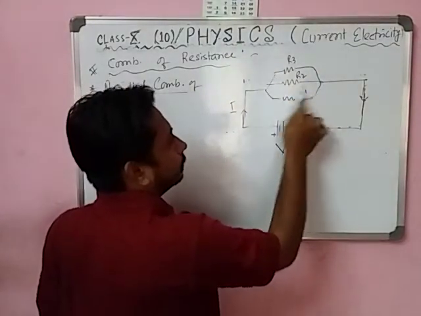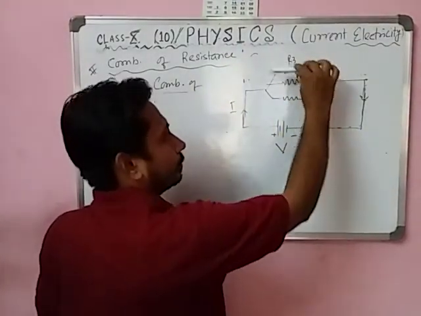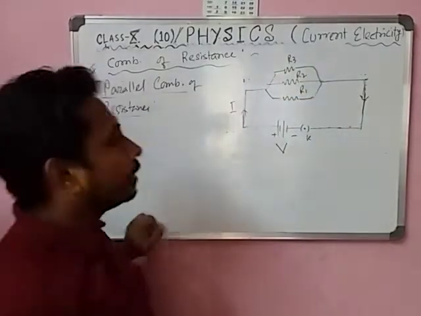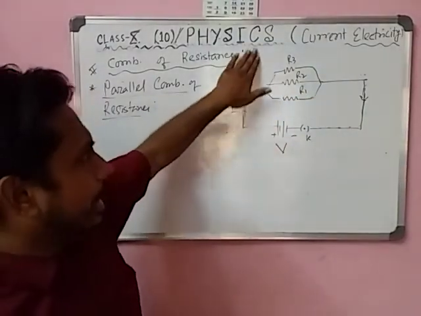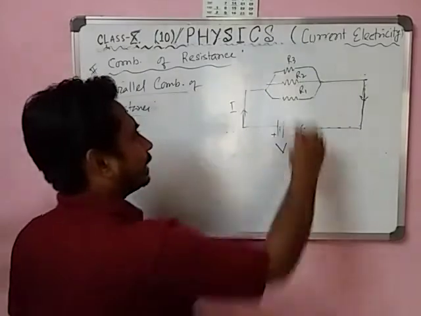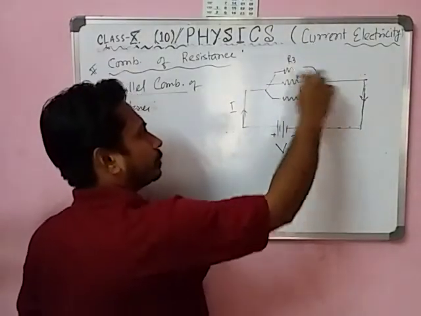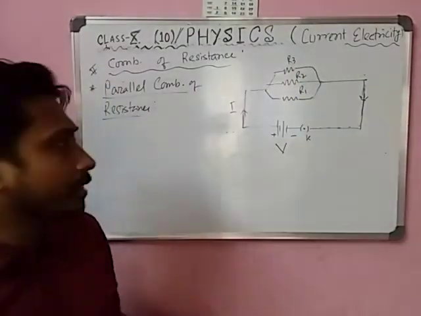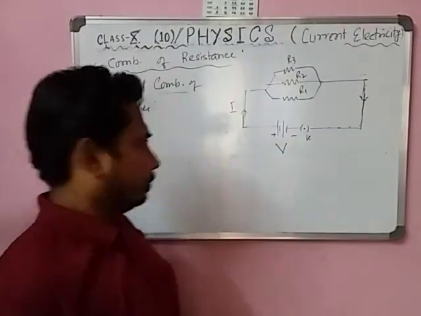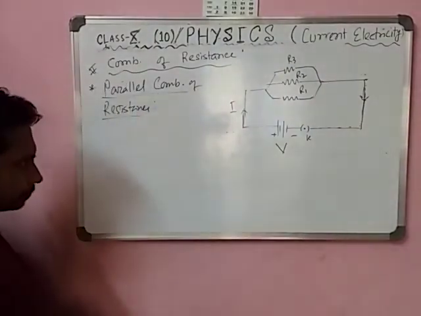Parallelly. These are parallel. So this is called the parallel combinations. Then how can you find out the total effective resistance?